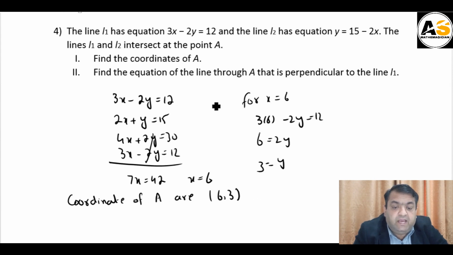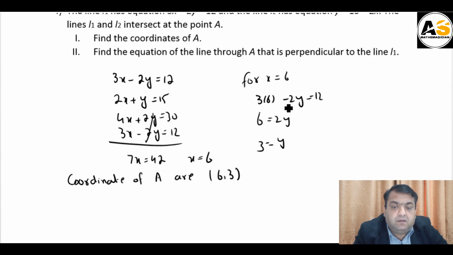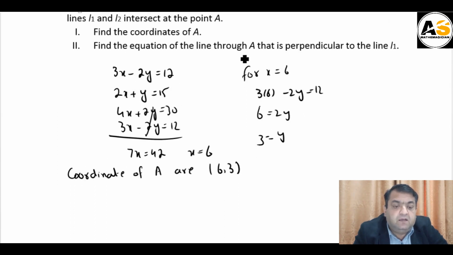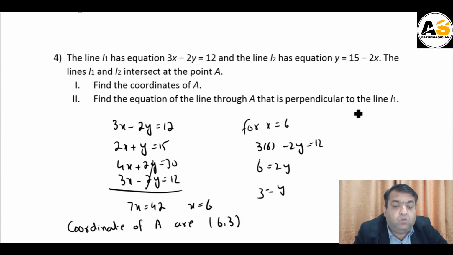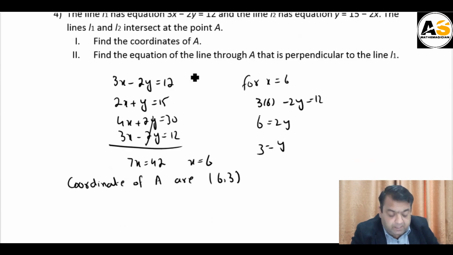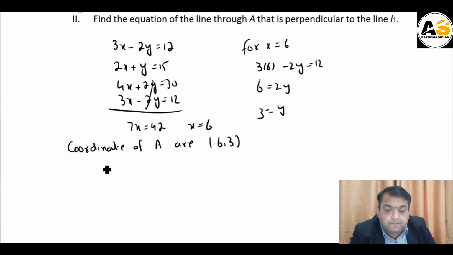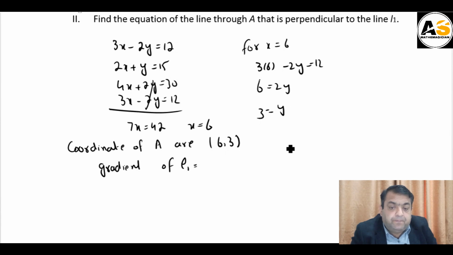What next? We have to find the equation of line L through A, through this point A, which is perpendicular to L1. What is the gradient of L1? L1 is 3x minus 2y is equal to 12.